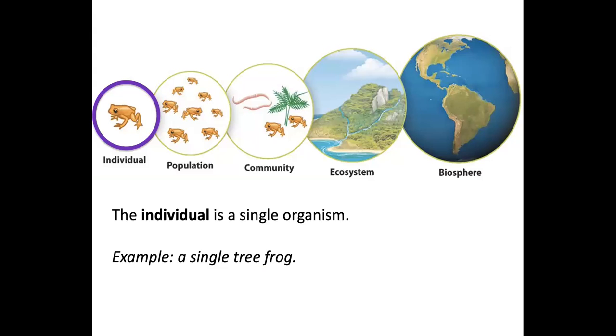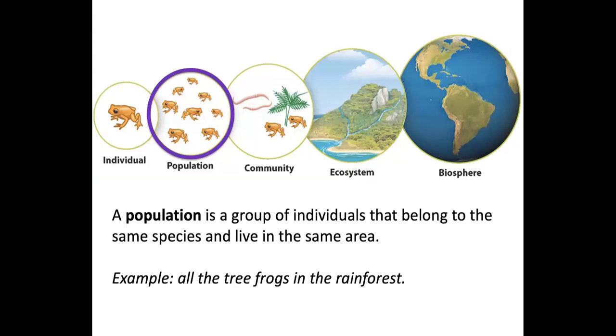For example, a single tree frog is an individual. A population is a group of individuals that belong to the same species and live in the same area. An example would be all of the tree frogs in the rainforest. So one tree frog versus all of the tree frogs.